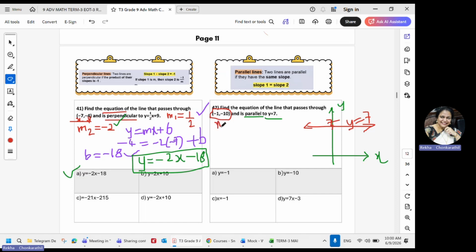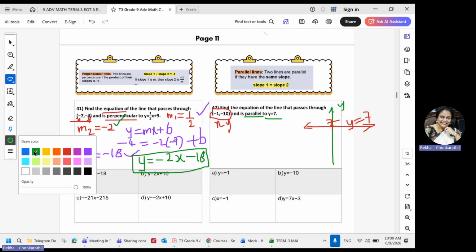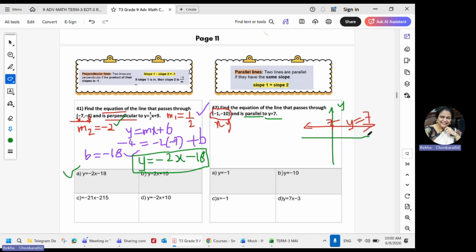Here, this is x, this is y. So what is the value of y here? Negative 10. So negative 10 will be somewhere here. Let me show you. Let me change this x-axis from here so that I will show you where this negative 10 is. Say, let me draw the x-axis somewhere here.